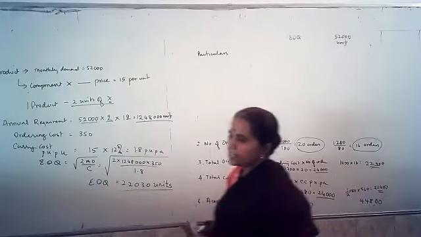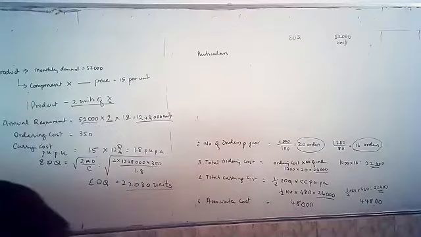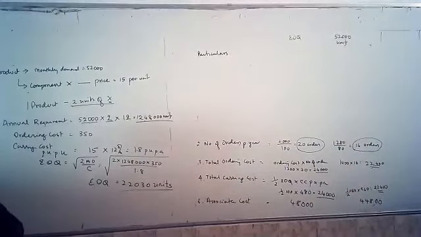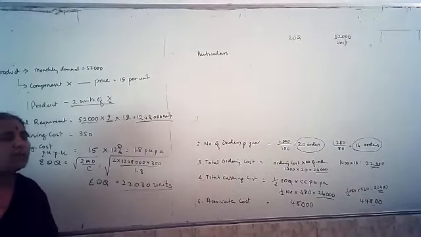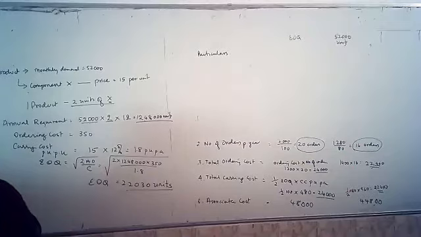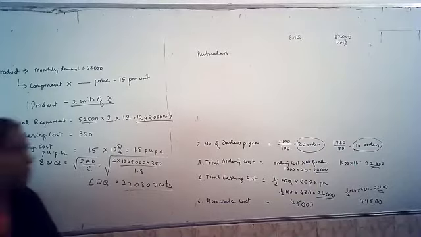Let's prepare the associated cost, the total carrying cost and total ordering cost. We'll calculate both and find out the associated cost with respect to EOQ and with respect to 52,000 units.